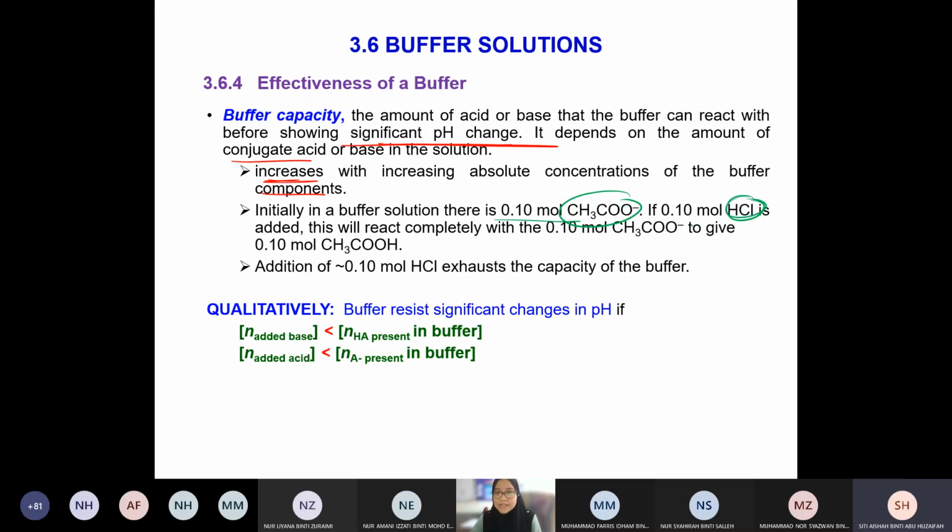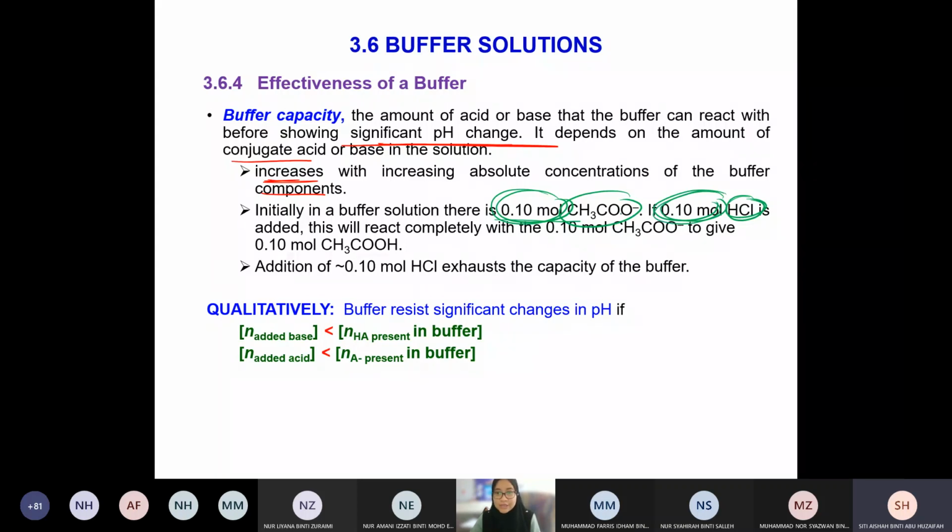So, berapa banyak HCl yang dimasukkan? 0.1. So, berapa banyak conjugate base yang perlu dihantar untuk neutralizekan this HCl? The same amount. Ni 0.1 of conjugate base will neutralize all the 0.1 mole of HCl.